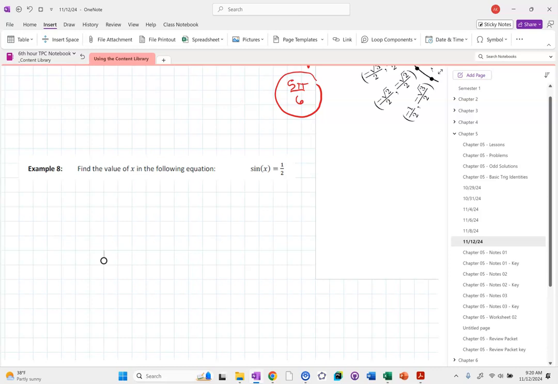Because any angle coterminal to pi over 6 will also give me sine of that angle equal to 1/2. And any angle coterminal to 5 pi over 6 will also satisfy the equation sine theta equals 1/2. And how many angles do we have coterminal to pi over 6? Infinitely many. How many angles are coterminal to 5 pi over 6? Infinitely many. So how many answers is this equation going to have? Infinitely many. Can I write them all down?